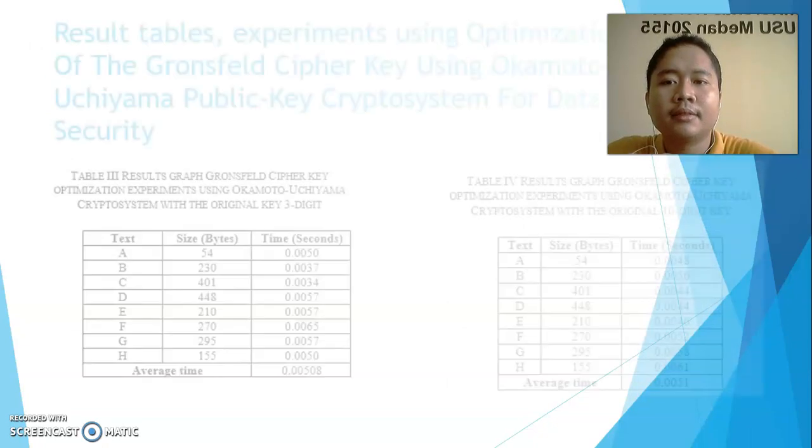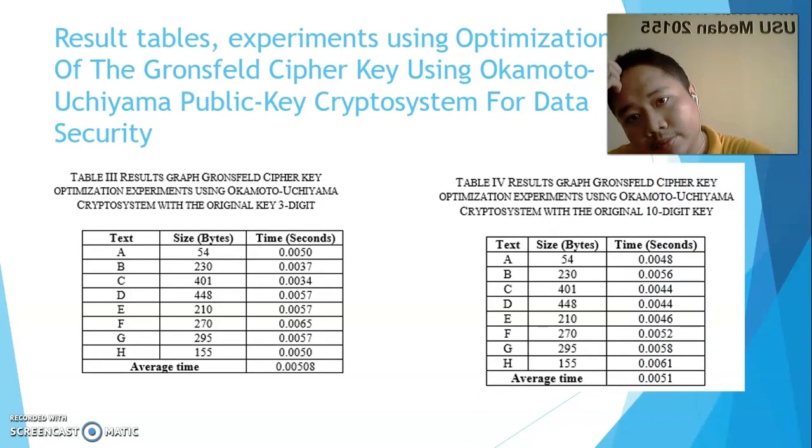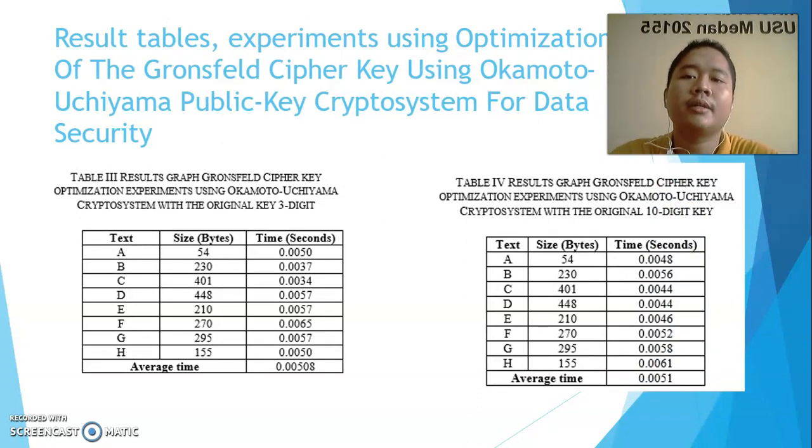And the last are the result tables with experiments using optimization of the Gronsfeld cipher's key using Okamoto Uchiyama public key cryptosystem. In table 3, I use 3 digits, and in table 4 I use 10 digits. In table 3, the average time is 0.0050, and in table 4 it is 0.0051.